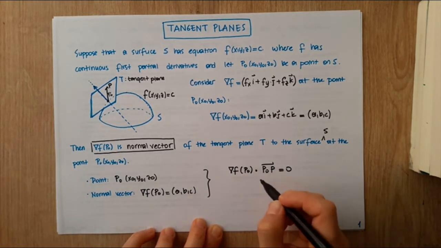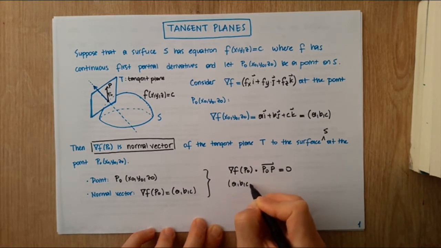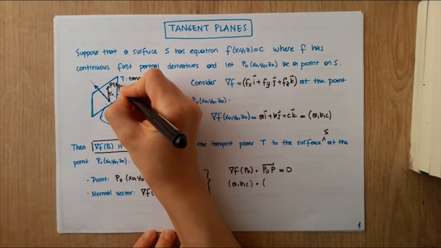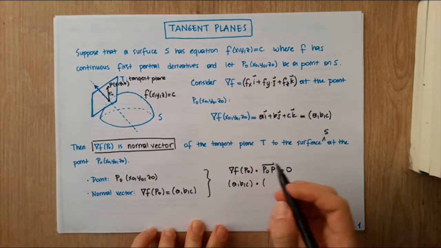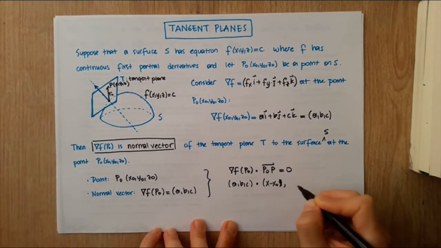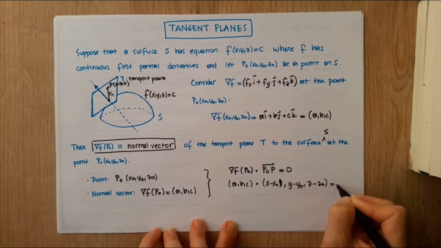So using this dot product, I have that a, b, c dot, because p is any point, it is x, y, z here, okay? So x minus x0, y minus y0, z minus z0 equals 0.